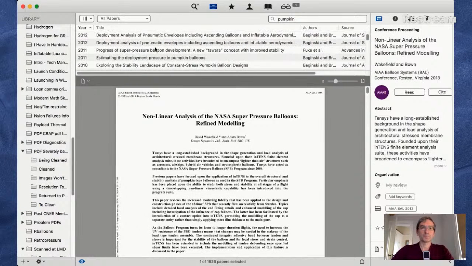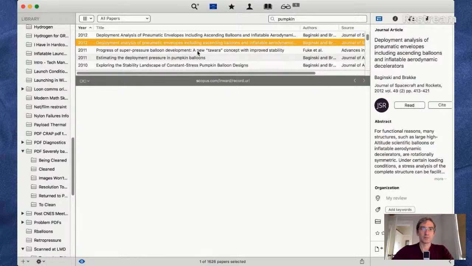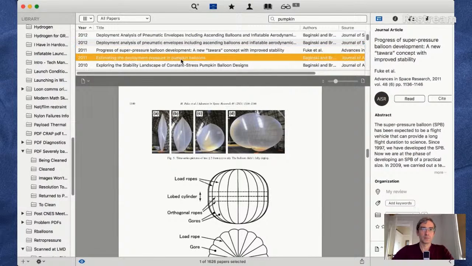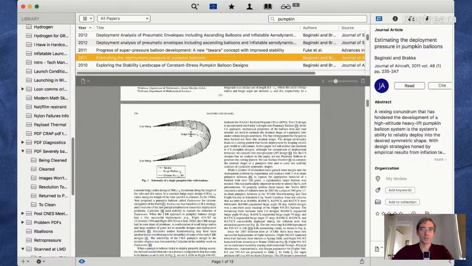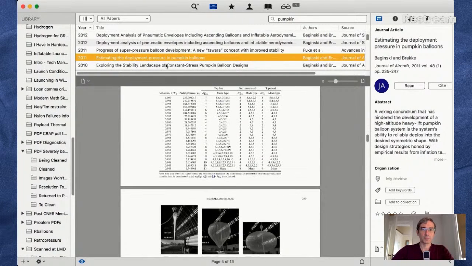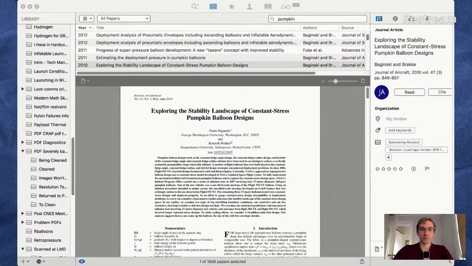Where were we? Pumpkin. Yeah, these are all very mathematical analyses of them. Let me see if I can actually pull up a Google balloon pic and show you. Balloon pic.